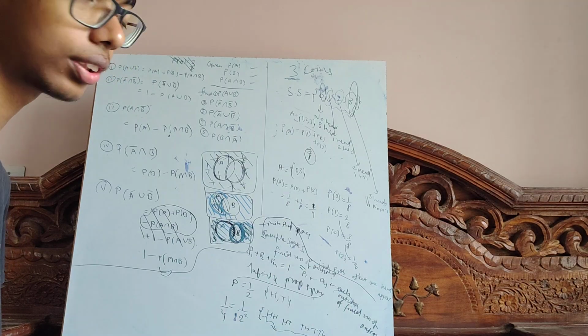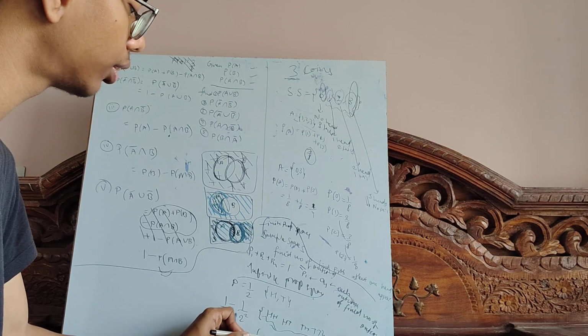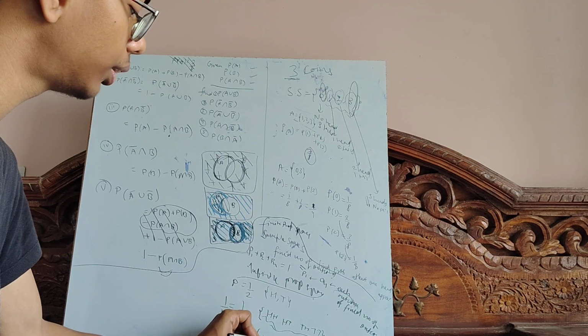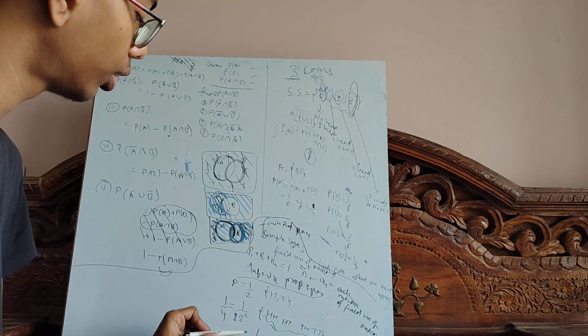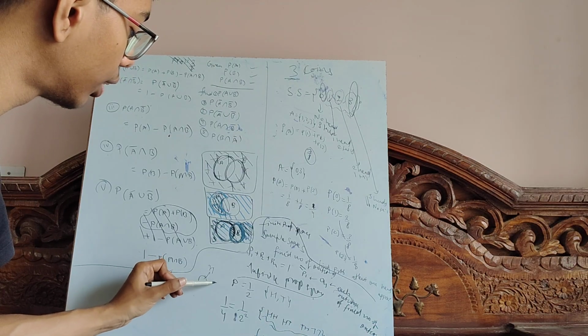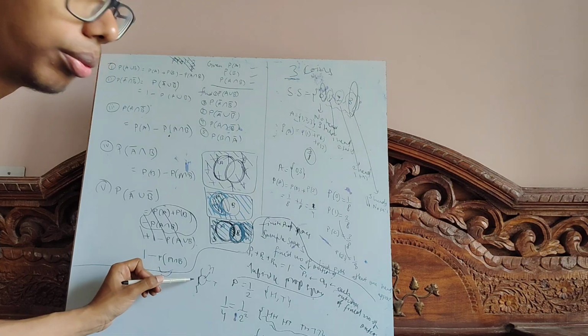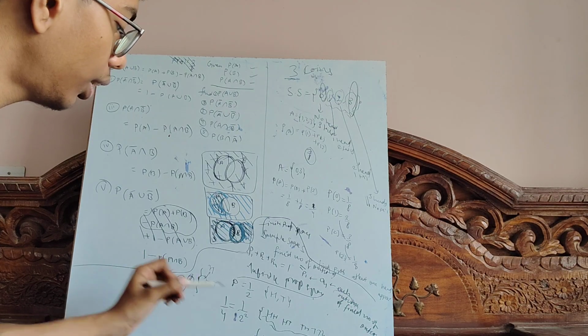On the third toss, every time I will get my head, I will write here: a coin can give head or tail, and I have tossed it 3 times, so the sample space will be 2 to the power 3, 8.